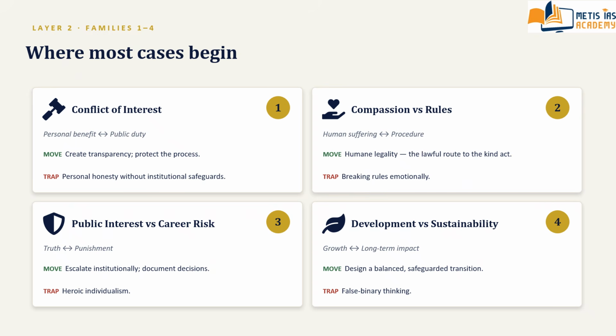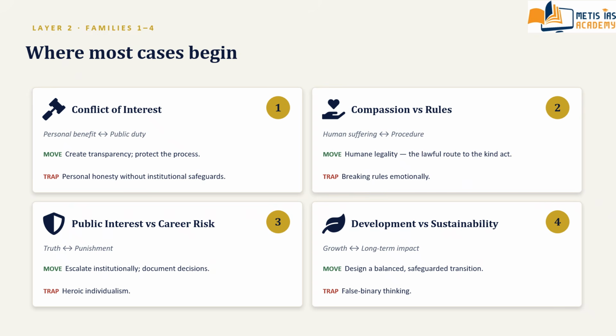So we are moving to family number four, that is development versus sustainability. This is the most important and most recurring family as far as case studies are concerned. What is the pattern here? Growth to long-term impact, long-term impact to growth.